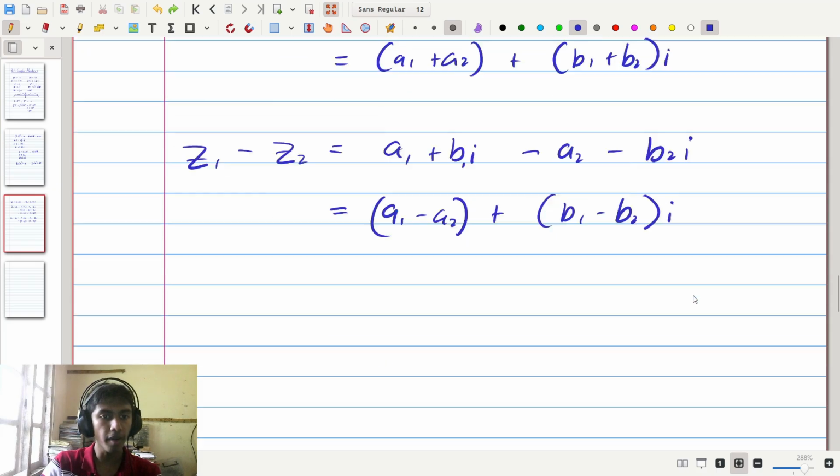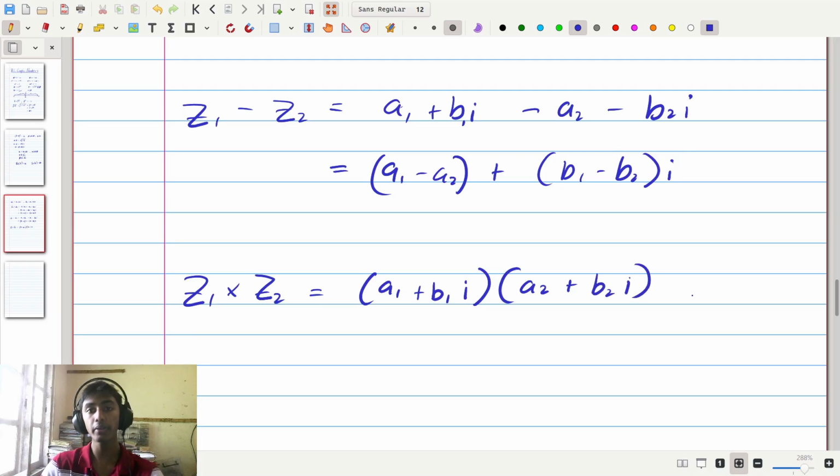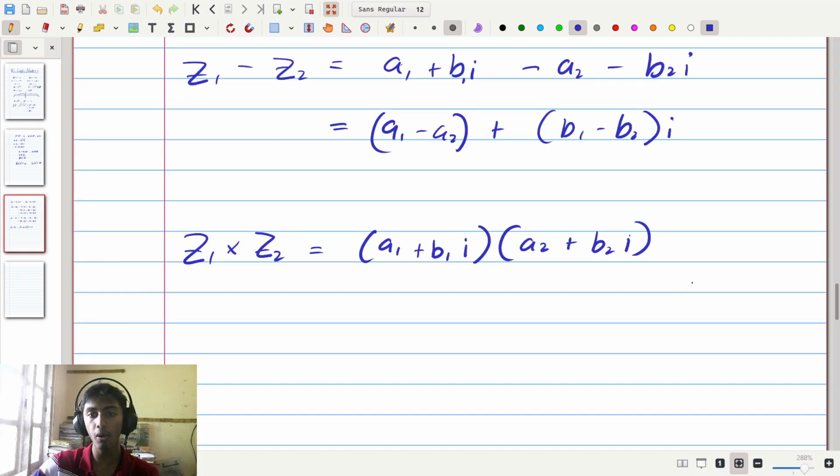Now moving on to multiplication, if we instead do Z1 times Z2, we consider what this would be: A1 plus B1 times i multiplied by A2 plus B2 times i. Now in this case, the distributive property still holds, which means we can distribute this A1 into here and we can distribute this B1i into here.